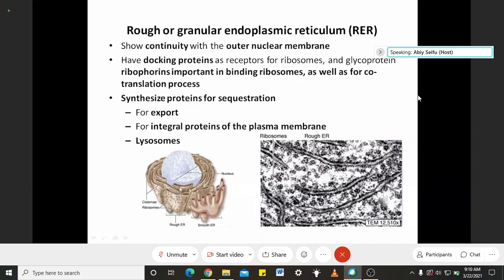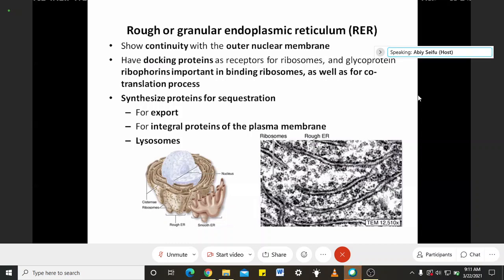The rough endoplasmic reticulum membranes are continuous with the outer membrane of the nucleus. When we reach the stage of looking at the nucleus, we will see that the nucleus is surrounded by a double membrane.